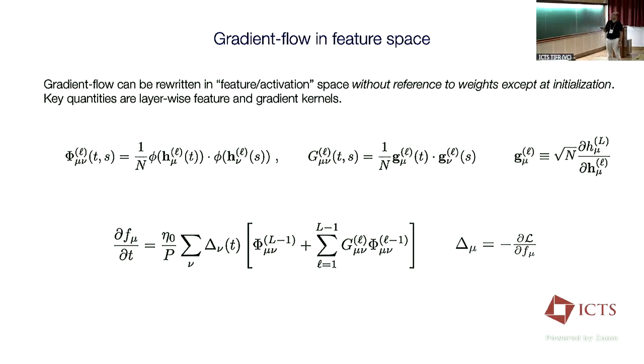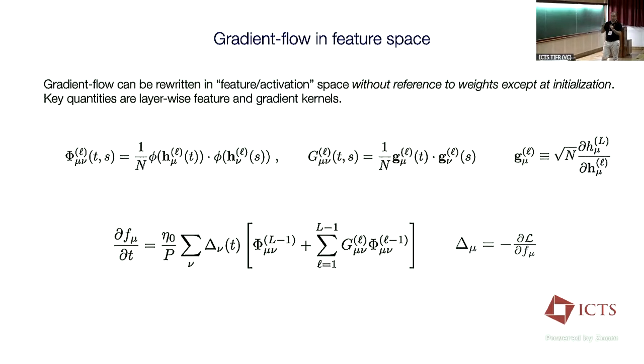These are vectors that are derivatives of the last layer, which I'm thinking of as a scalar here to reduce notation, with respect to the pre-activations in an internal layer. There's a factor of n here for certain scaling arguments that we're going to do later on. We can also construct a kernel that carries information about the gradients. I'll give you a second to look at this. Are all the indices clear?